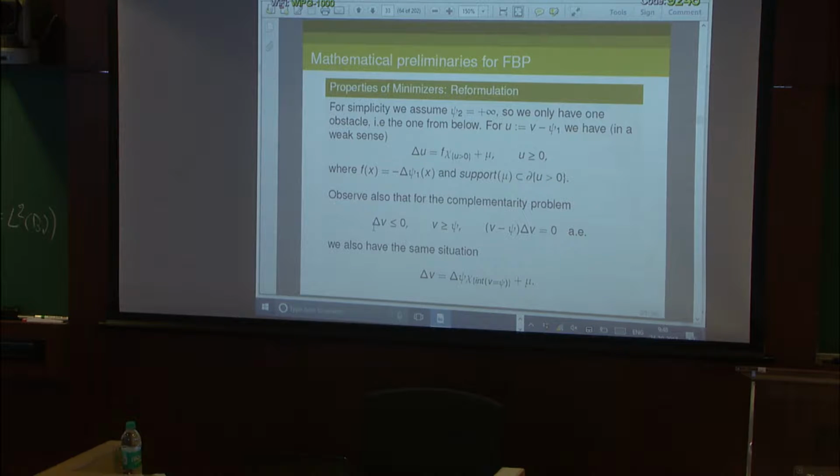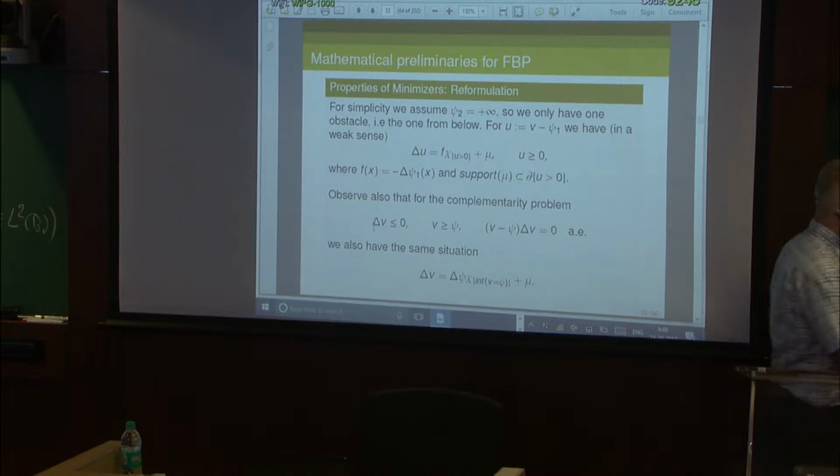So what happens here is that if you just subtract this and this, you're going to get minus Laplacian of psi, which is this one. It takes out this part, but not completely. v is larger than psi, plus the measure.